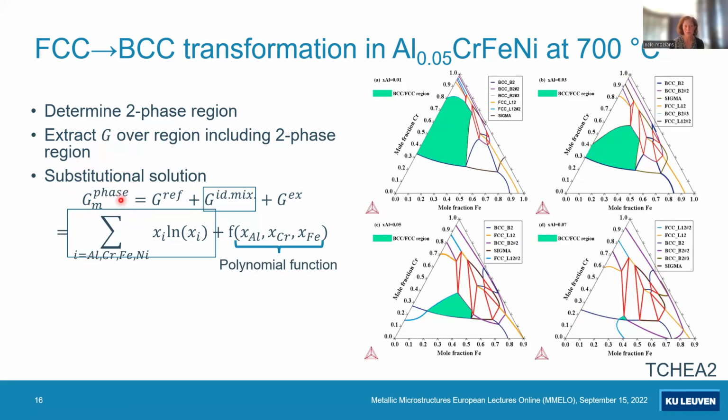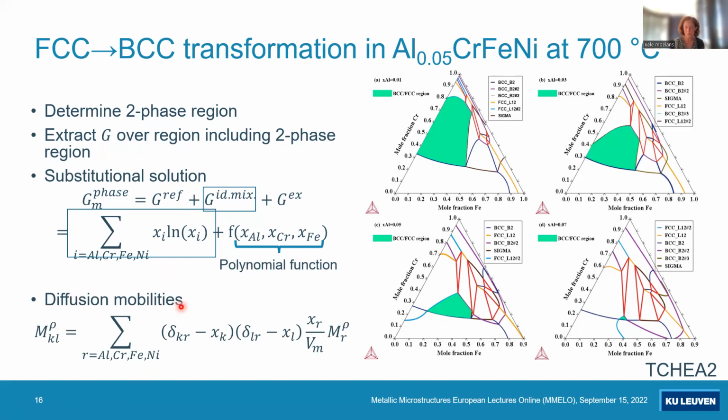So we pre-compute the Gibbs energy using Thermo-Calc. We subtract the contribution from ideal mixing, and the rest is then fitted using a polynomial function. And in our phase field model, we use this full expression. We can also use this to compute chemical potentials and diffusion potentials.